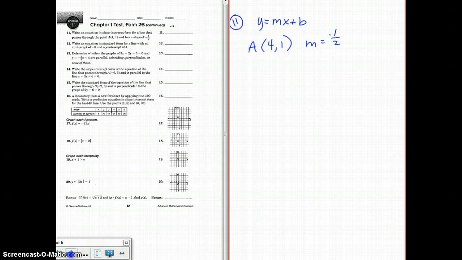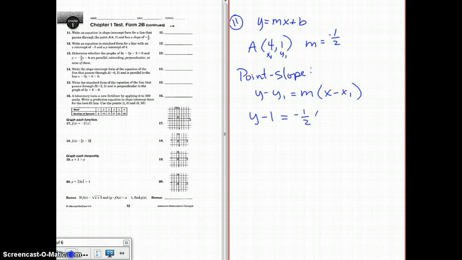To put it in slope-intercept form, I'm first going to start with point-slope form, which is y minus y1 equals m times x minus x1. This is going to be my x1, y1, and I'm just going to substitute into the equation. Y minus 1 equals -1/2 times x minus 4.